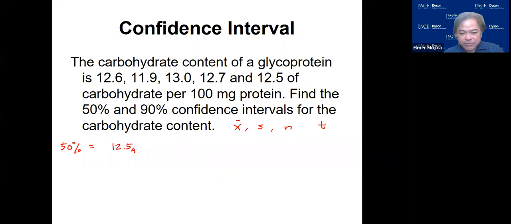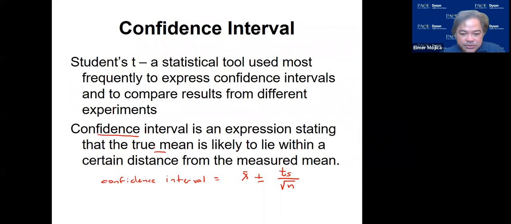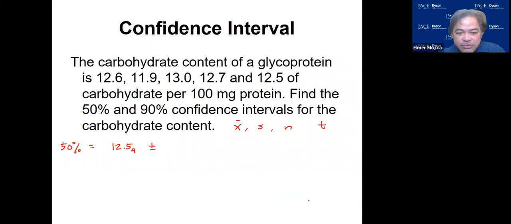It should be 12.5, but we want to include the next digit that we have there. So plus or minus, if you follow this formula here, we have the value of 0.741 times the standard deviation, around 0.40, over square root of 5.